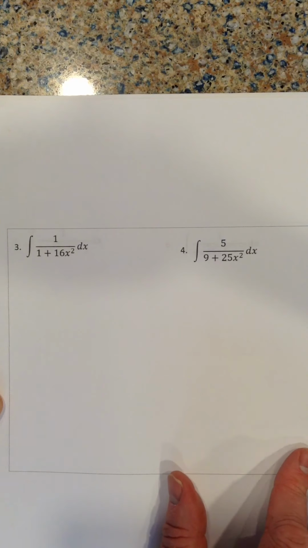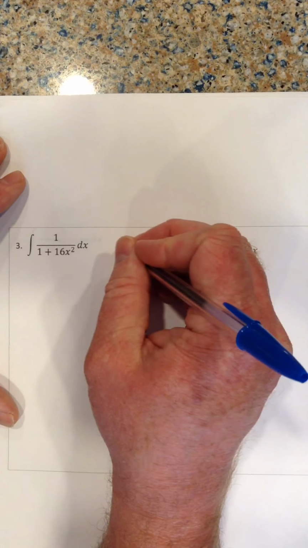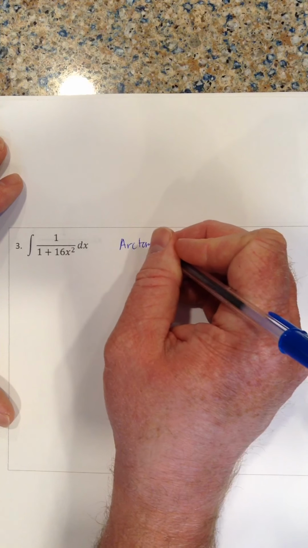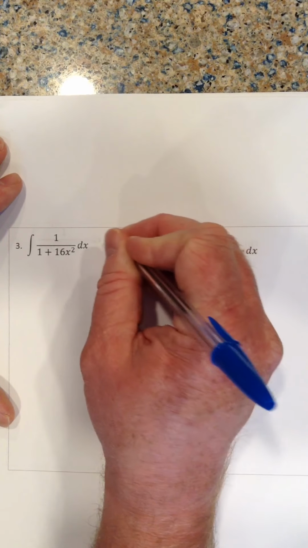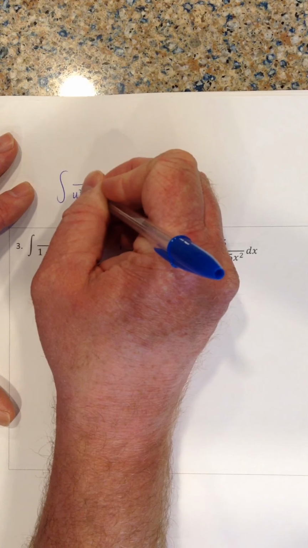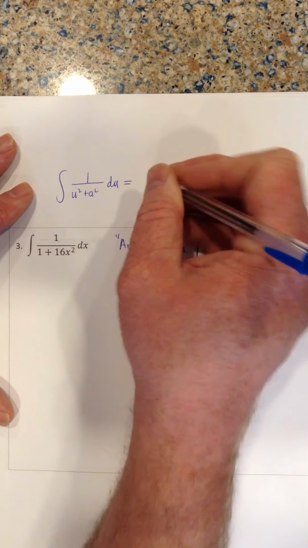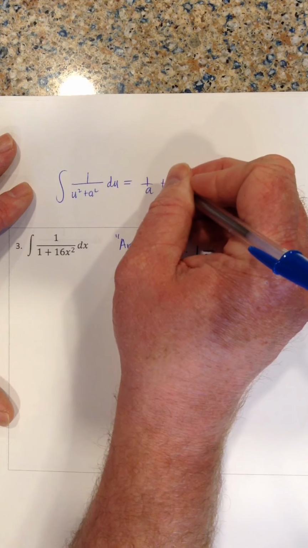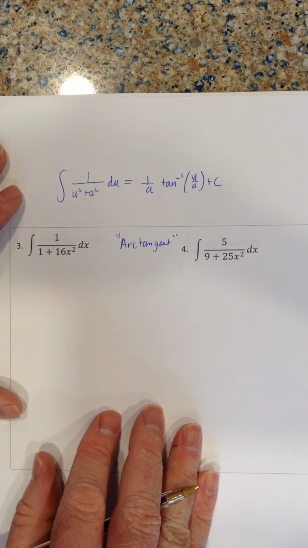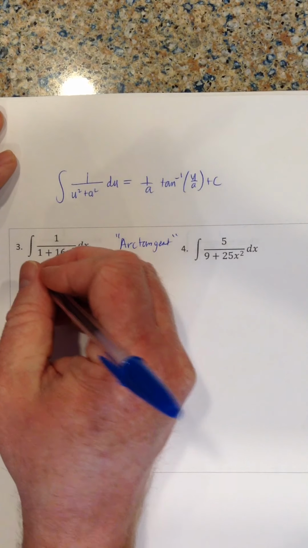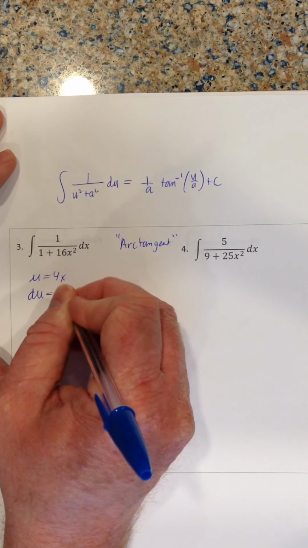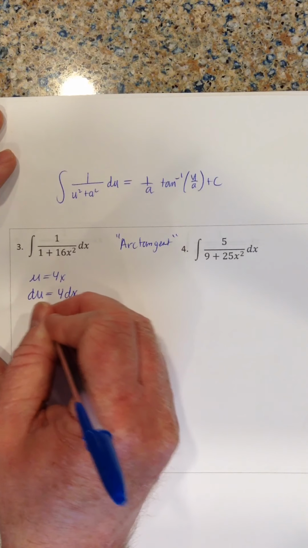Alright, 3 and 4. Okay, these fit the arc tangent pattern. So I'm going to rewrite that rule: the integral of 1 over u squared plus a squared du is 1 over a arc tangent of u over a plus c. So u is 4x, du would be 4 dx, and a would be 1.